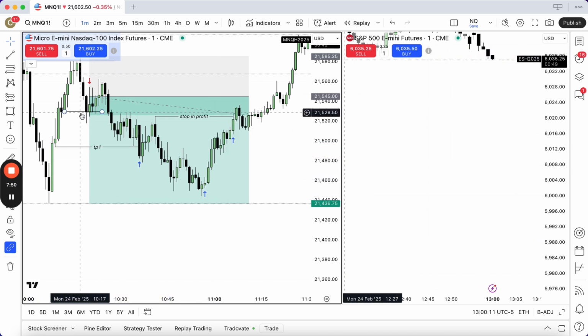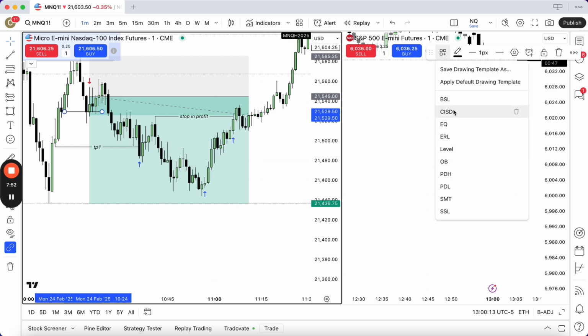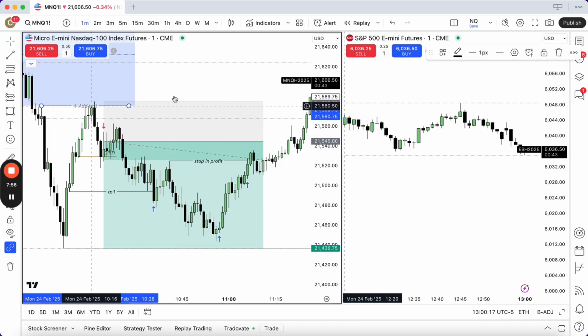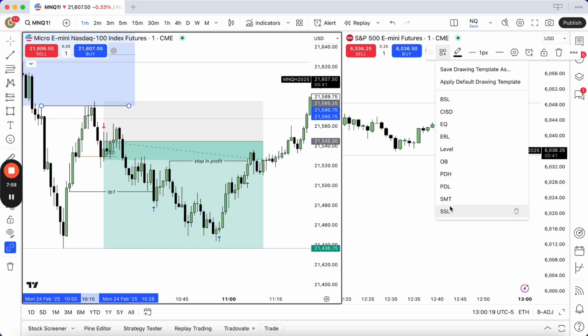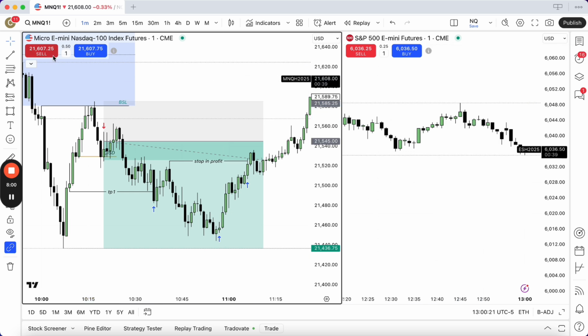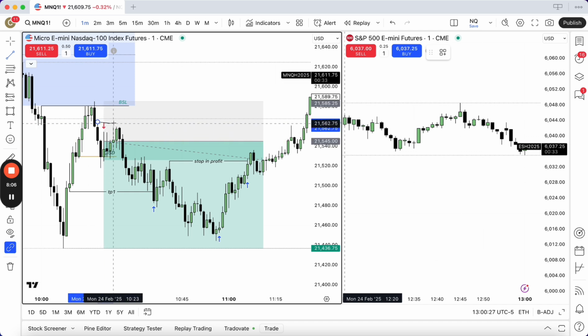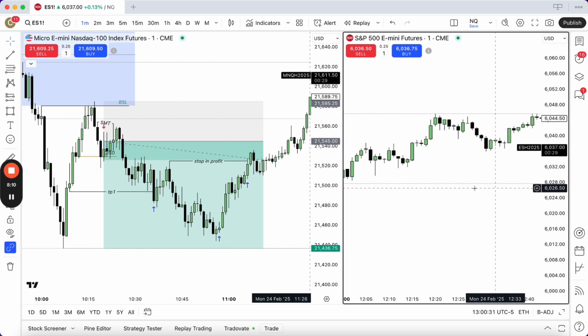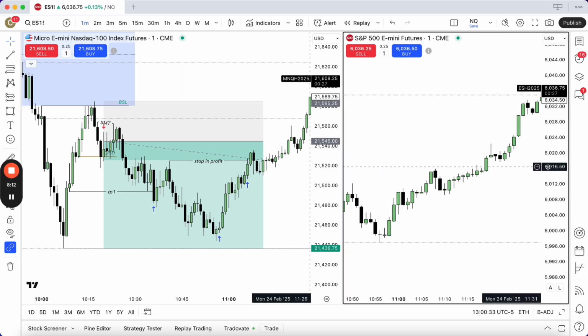This was the change in state. This was the buy side liquidity. And then this was the SMT. I think it was here. Yeah, that was the SMT. Let me just verify that.